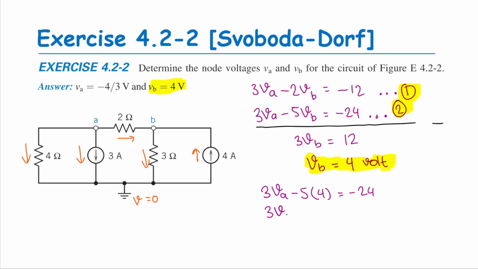So we will have 3 VA minus 20 is equal to minus 24, or 3 VA is just minus 24 plus 20, that should be minus 4. And so we will have VA is equal to minus 4 divided by 3, and the unit here is volt. And I think this is the second answer that we are looking for, which is VA. So here is VA, and then here is VB, and that is exactly the same as the answer given.